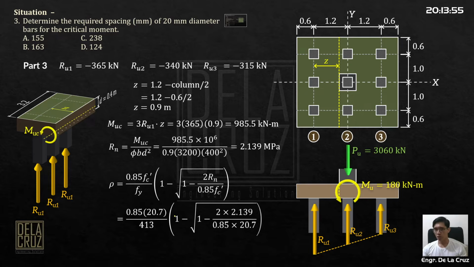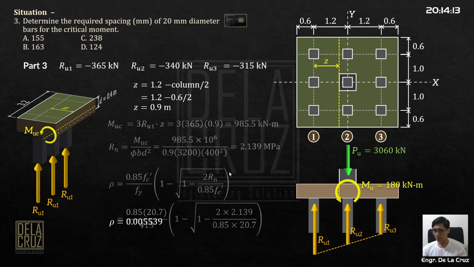A direct substitution, fc prime natin is 20.7, Fy is 413, then Rn is ito. So, 0.005539.